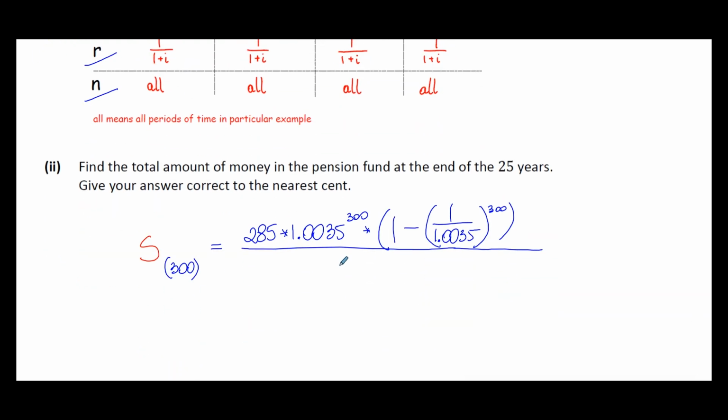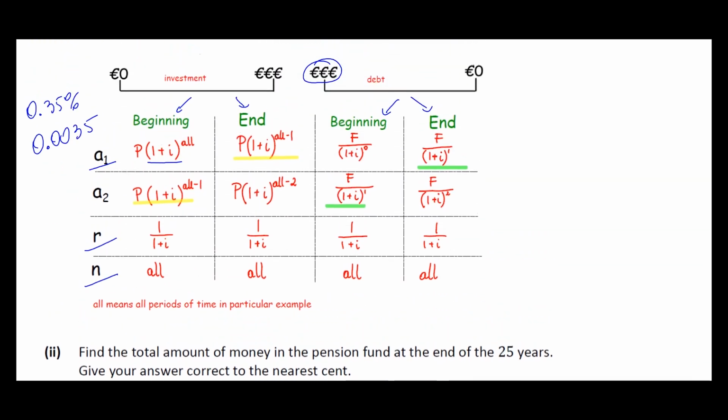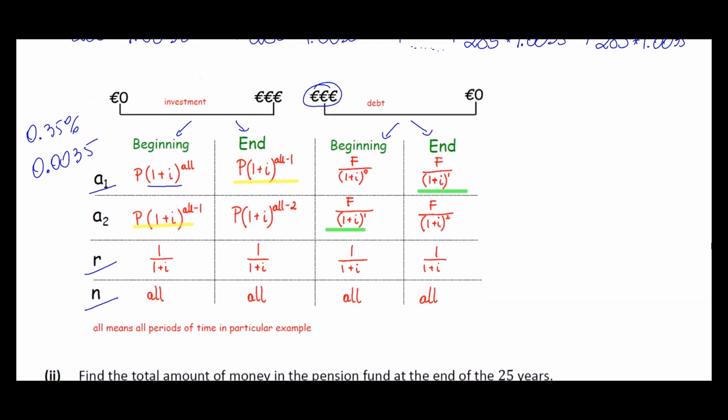And then divided by 1 minus R again without power. So if we put all of that in our calculator, press equal, we're going to get 151,367.63. So I hope that those clear things for you when it comes to financial maths.